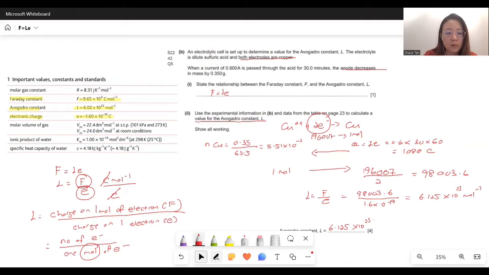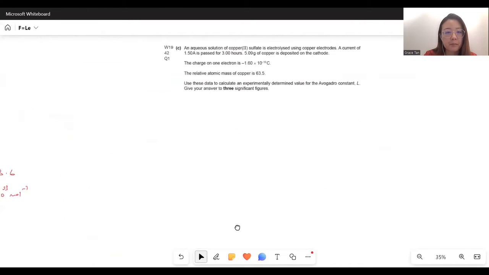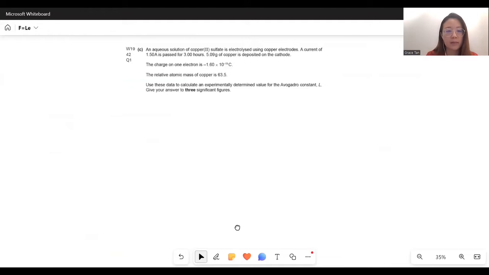Now we shall proceed with another example. Let's look at the winter 1942 question 1. An aqueous solution of copper(II) sulfate is electrolyzed using copper electrodes. They use copper electrodes again, which are reactive. Normally in our syllabus, we use platinum or carbon, an inert electrode, but here they use copper.